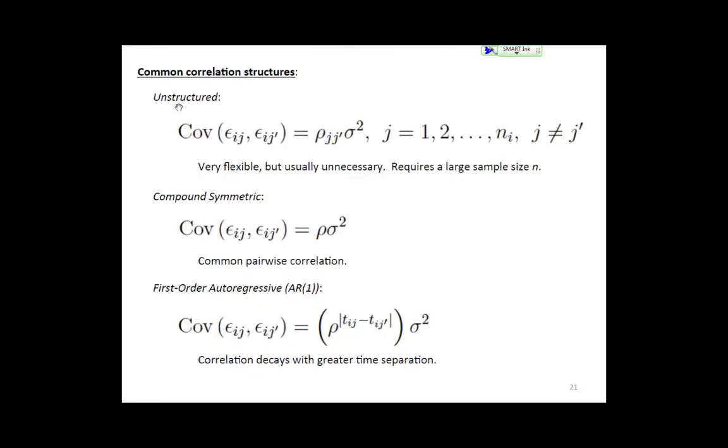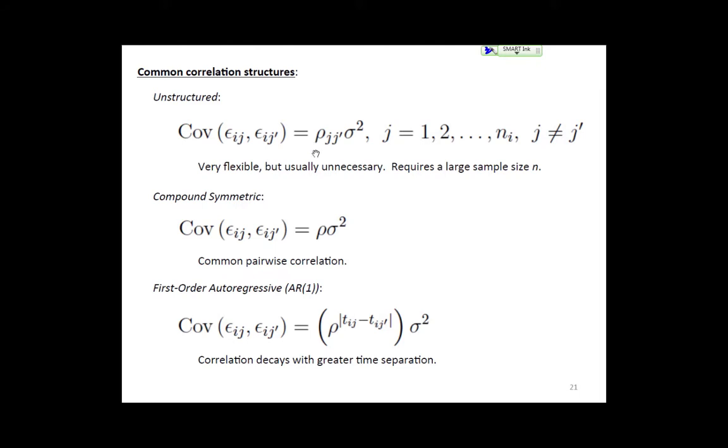That's the unstructured structure, where, well, actually I do have some structure here because I'm saying everybody has the same variance. But it's unstructured in the sense that everybody's allowed to have their own correlation between pairs. So the first time point has a correlation with the second time point, but there's maybe a different correlation between the first time point and the third time point, second with the fourth. All of those are allowed to be different.